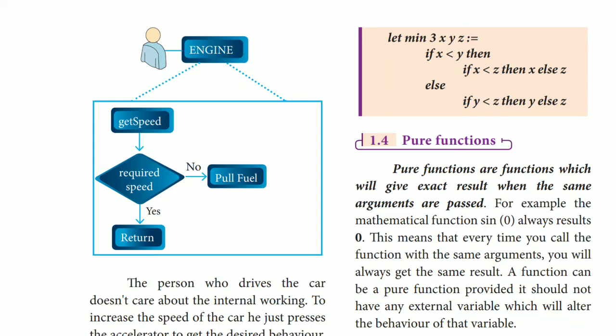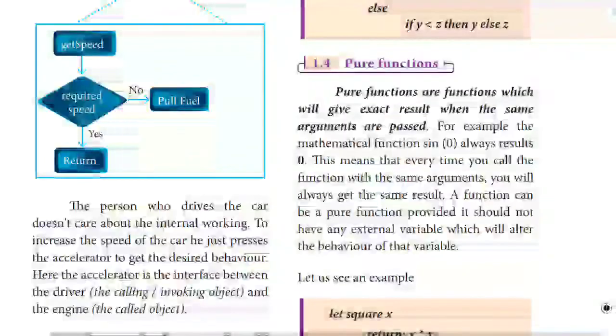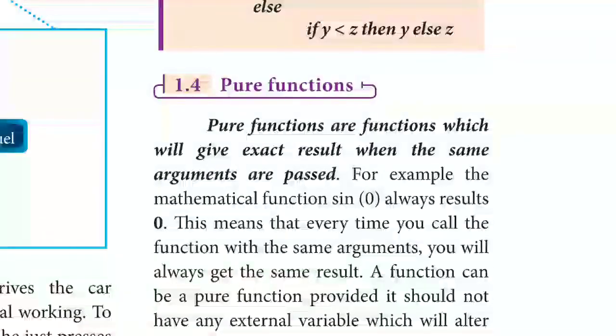There are two things here, pure function and impure function. Pure functions are functions which give the exact result when the same arguments are passed. When you give the same inputs to two different functions, the output will be the same, and there will not be that much value change.